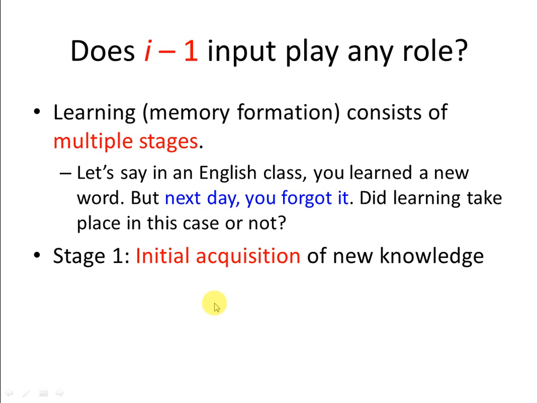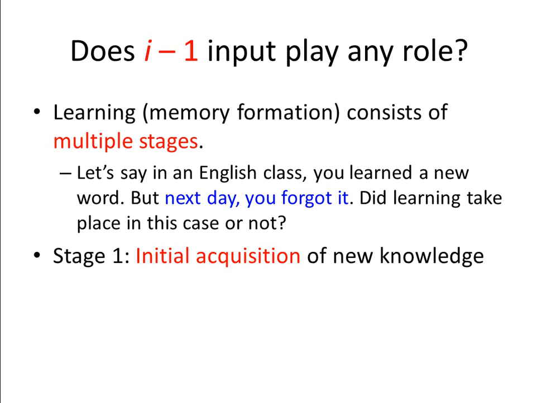Language learning is just one kind of learning, and learning is generally memory formation. It's the formation of memories. We already know that memory formation consists of multiple stages, several stages.